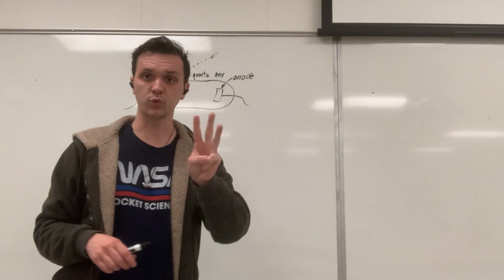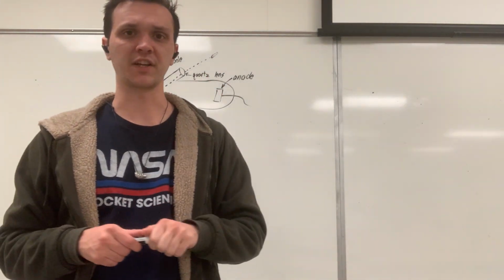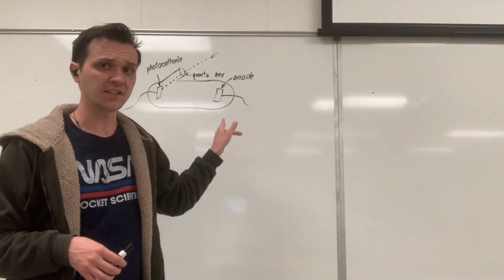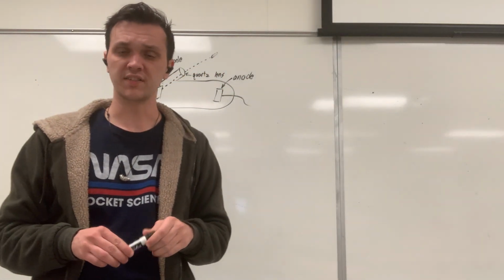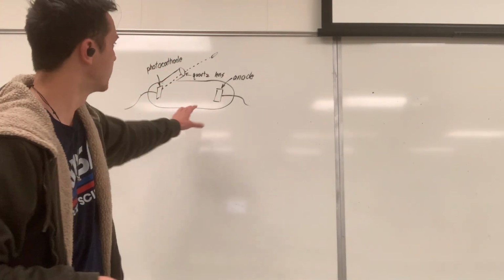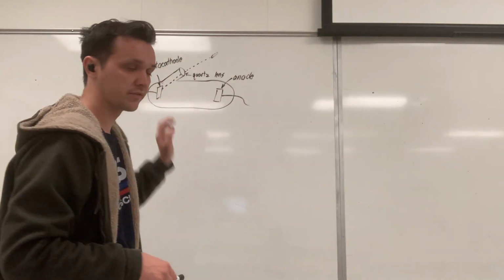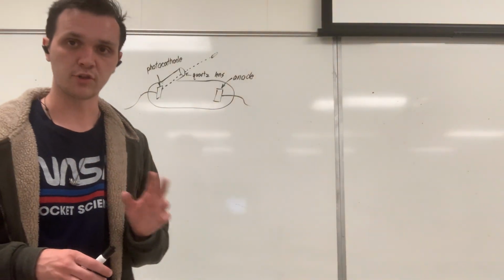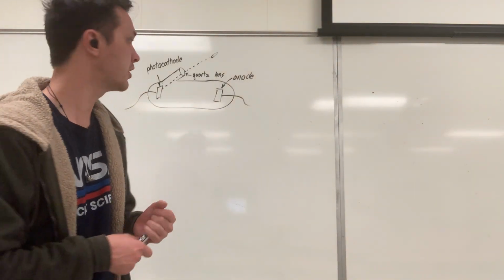So there are 3 degrees of freedom in the photoelectric effect experiment that we're interested in. The first is the intensity of the light that's being shined onto the evacuated glass chamber and onto the photocathode plate. The frequency of that light is another degree of freedom. So what's the color of it?